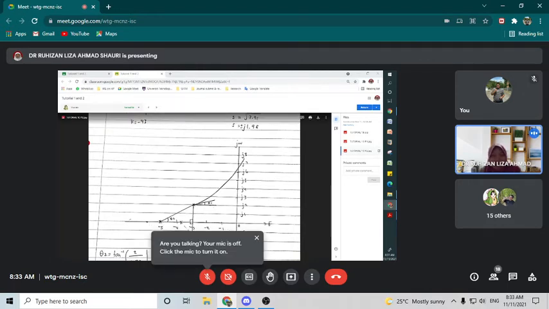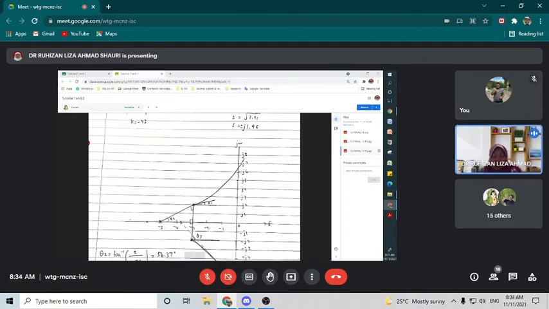No. Because after you sketch your asymptote, you know that your poles will be guided towards that line. You can draw it, so you know that it will be guided towards that line. That's why it's important to draw the asymptote.